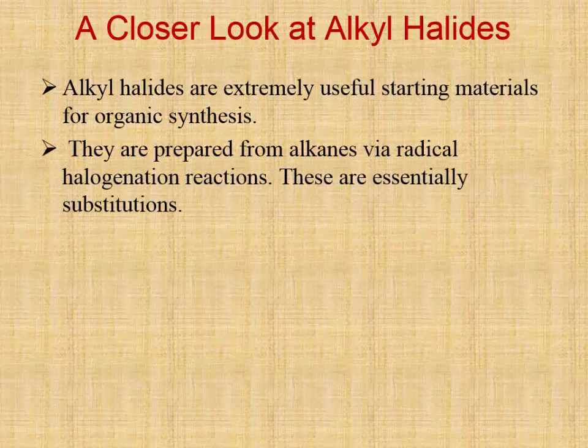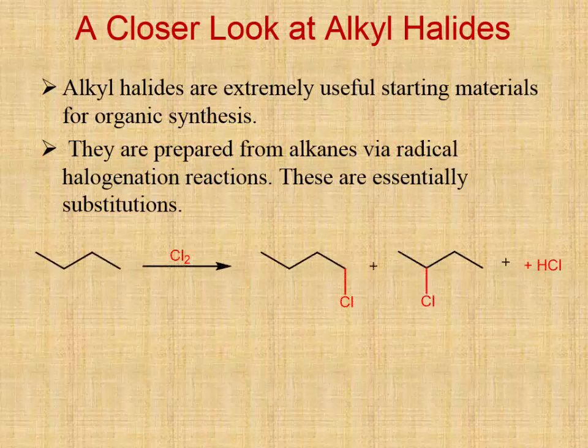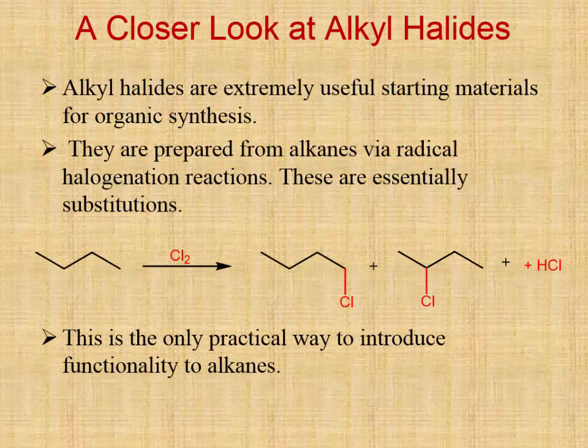We'll talk about this reaction a little bit later, but they're essentially substitution reactions. And you may remember that I once told you that alkanes are highly unreactive, and that is true. And this radical halogenation is the only practical way to introduce functionality into alkanes. So we start with our alkane, convert it to an alkyl halide, and from alkyl halides we can make many different kinds of molecules.